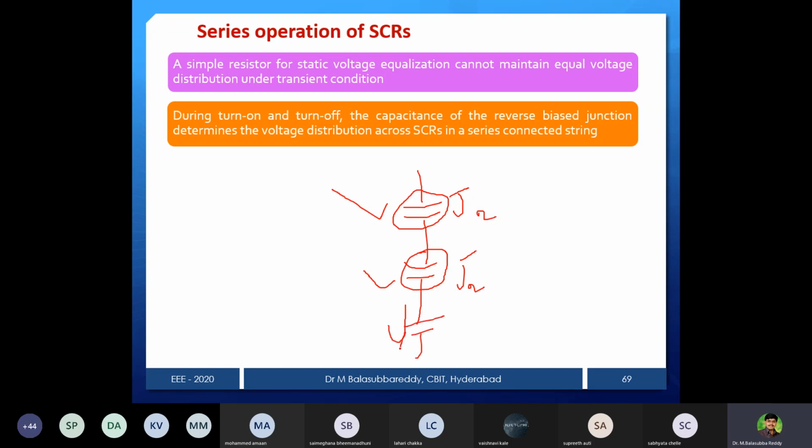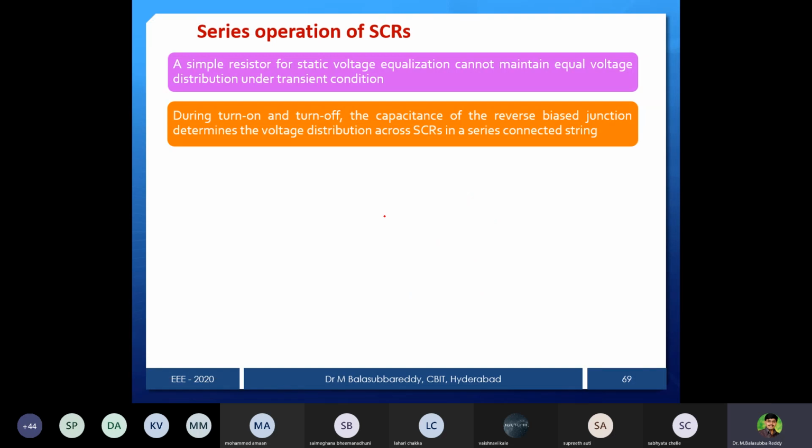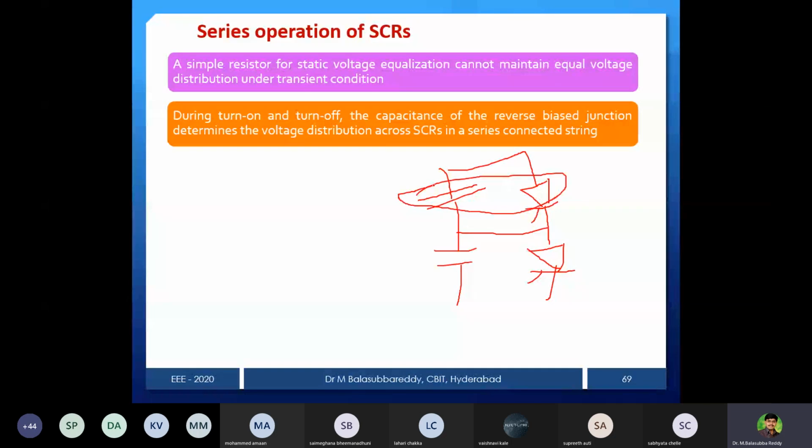Because the junction capacitances are different, we get different voltage sharing during the dynamic condition. To make it the same, like with the resistance, you connect one capacitor in parallel across each SCR. Then the junction capacitance of SCR1 and SCR2 are each in parallel with it, and the resultant will be the same for all the SCRs. So again uniform distribution takes place.